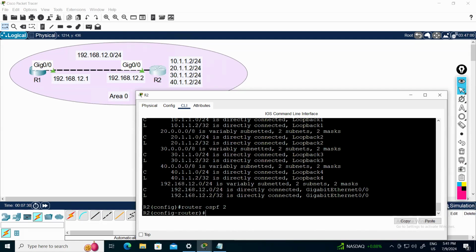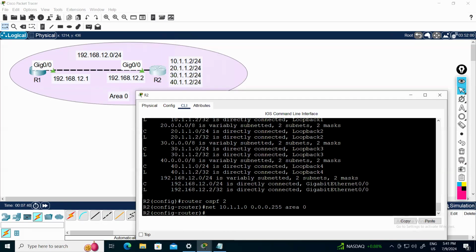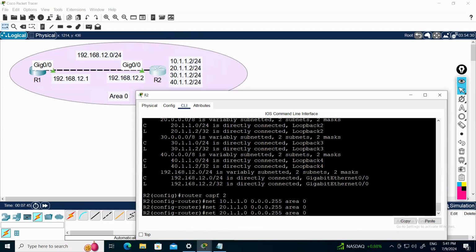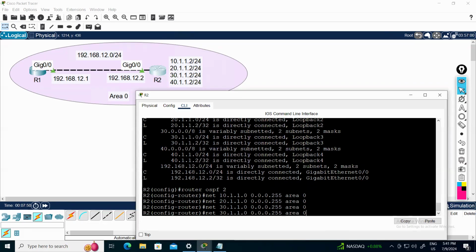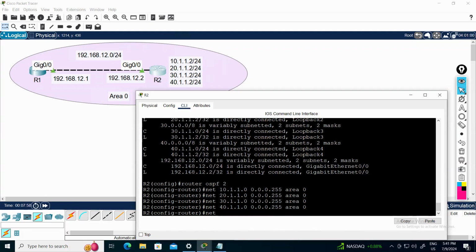Then network 10.1.1.0 with wildcard 0.0.0.255 area 0. This will be 20, this will be 30, this will be 40. Network 192.168.12.0 with wildcard 255 area ID 0.